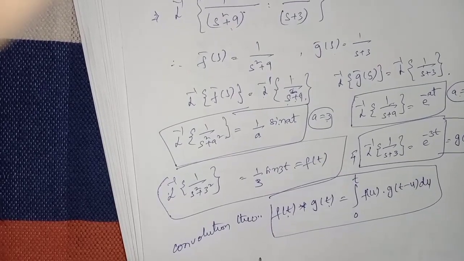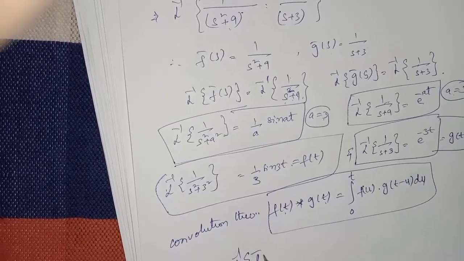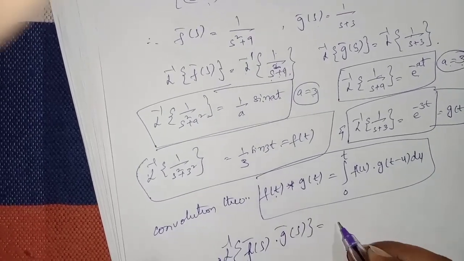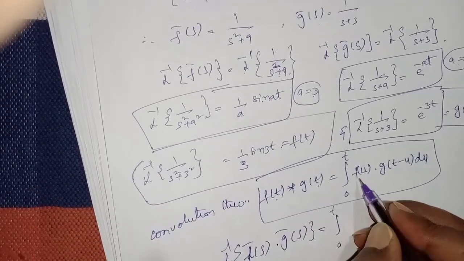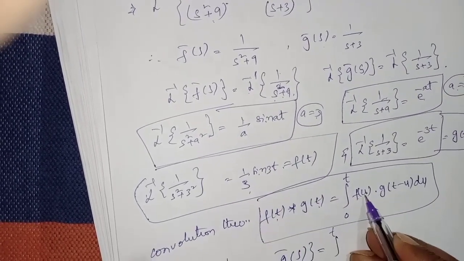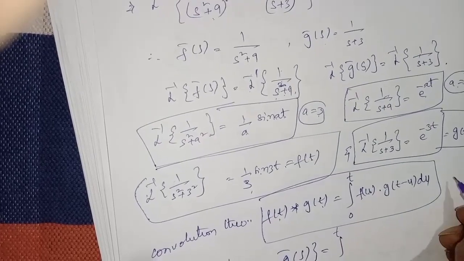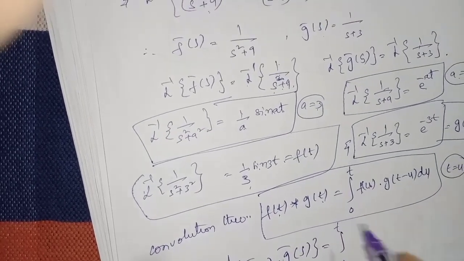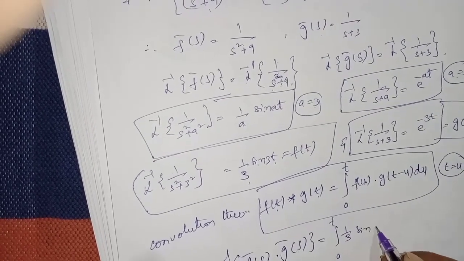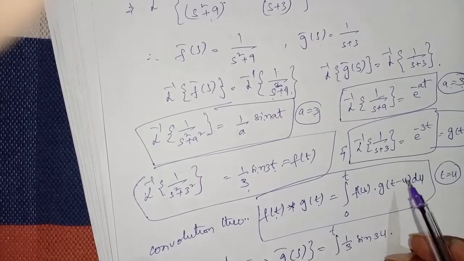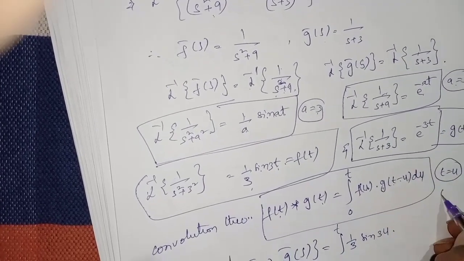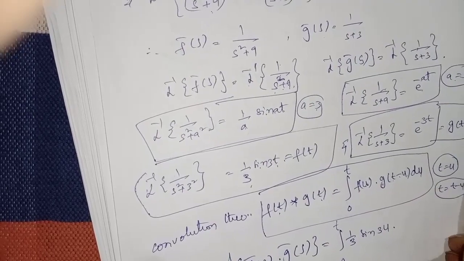L inverse of f bar s into g bar s is equal to integral 0 to t f of u. Here f of t is 1 by 3 sin 3t, but in the formula we have u, so substitute t equal to u. So 1 by 3 sin 3u into g of t minus u. Here substitute t equal to t minus u in the second one.